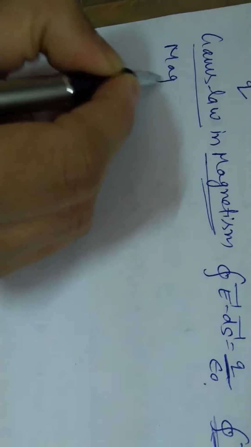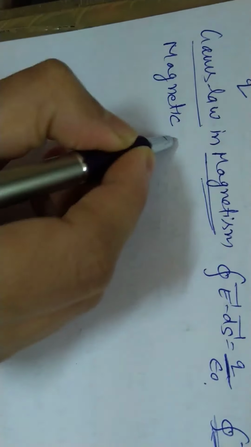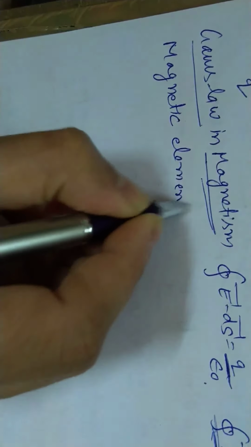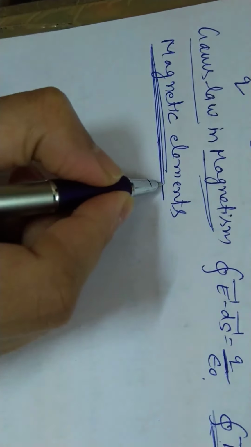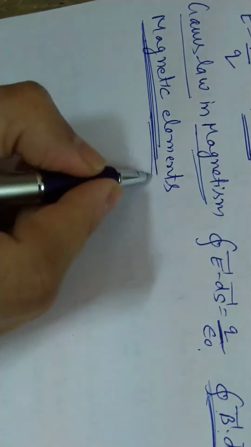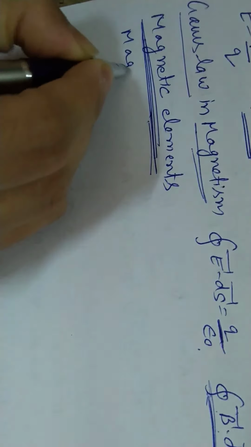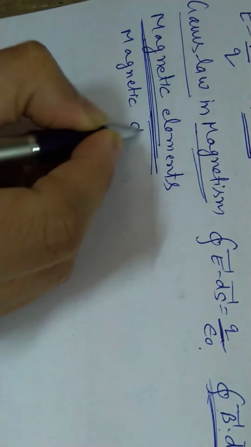Then to describe the earth magnetism with physical quantities, those physical quantities are called the magnetic elements, and these are three.